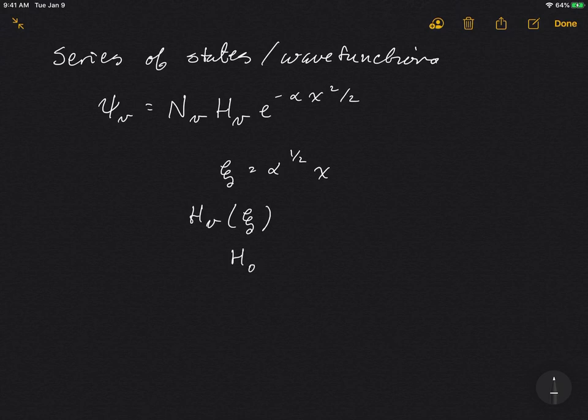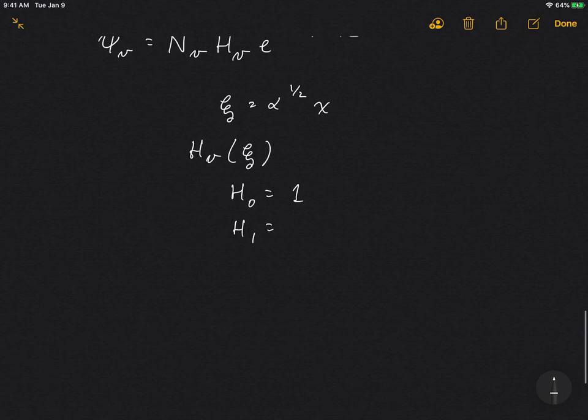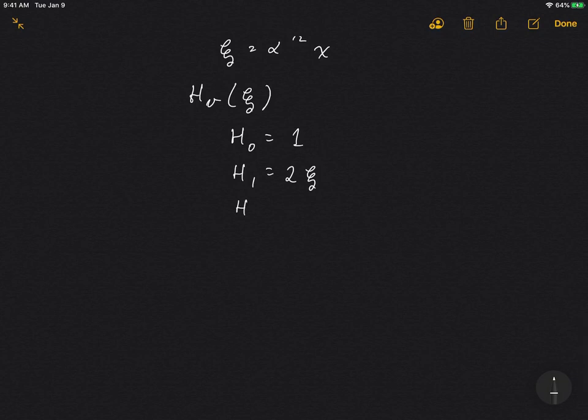We have h0 is 1, h1, so these are going to be polynomials in xi, so h1 is 2 xi, h2 is 4 xi squared minus 2, and so on.